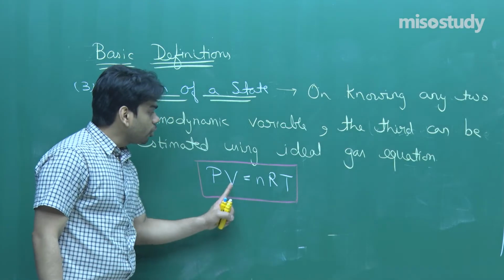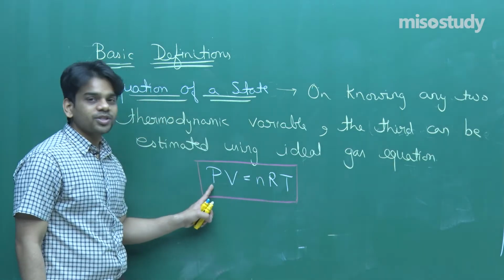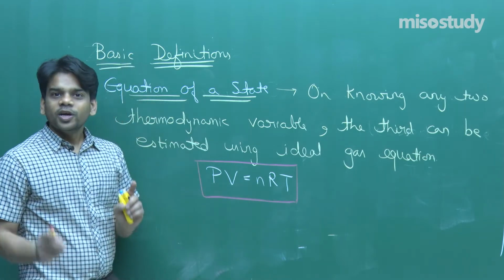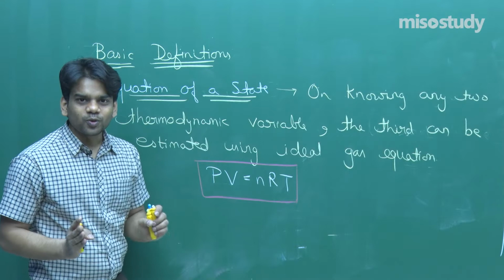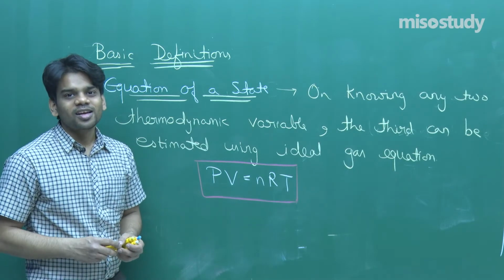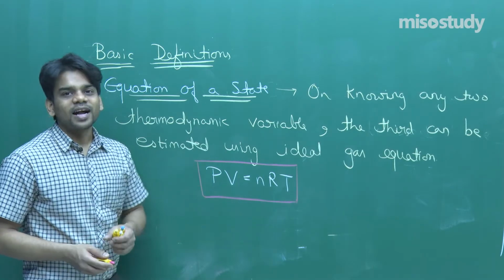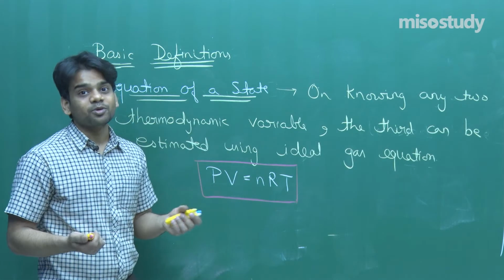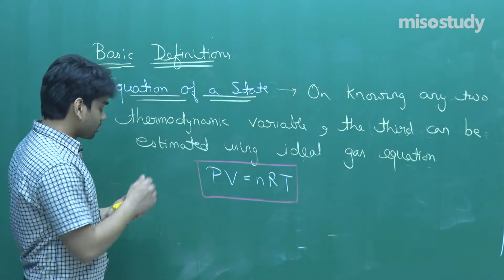If you know volume and temperature, you can calculate the pressure. If you know pressure and temperature, you can calculate the volume. If we know any two, we can easily compute the third one. That is the wonderful thing about this equation, and it will be used many times in this chapter, many times to prove certain things. So do remember this one.